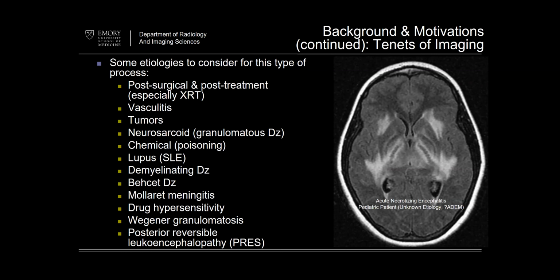Here's a short laundry list for this kind of thing, but in general, what we're talking about is breakdown of the blood-brain barrier, leaky vessels, fluid coming from the intravascular compartment into the extravascular compartment, the extracellular milieu, and you're going to get some swelling. I'm somebody who splits words a lot.